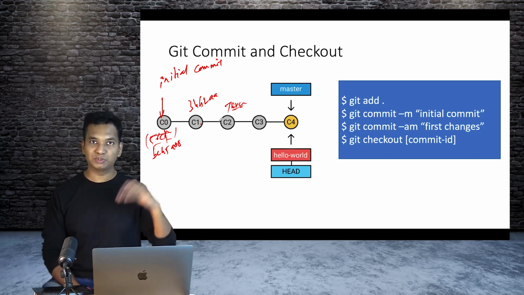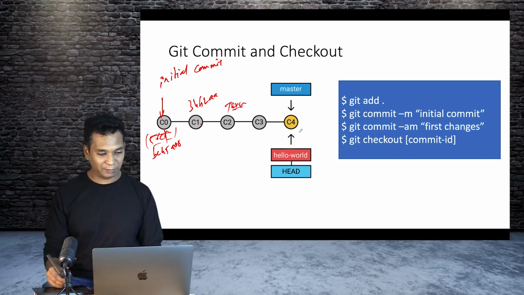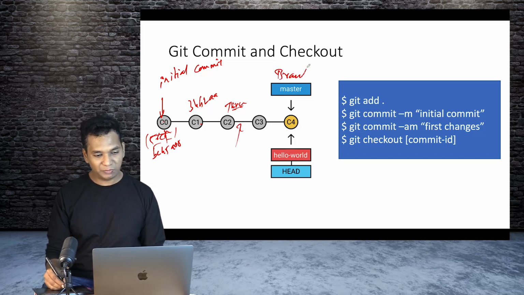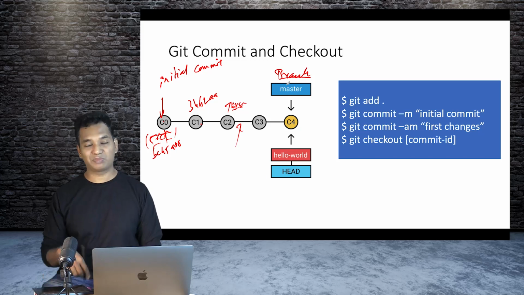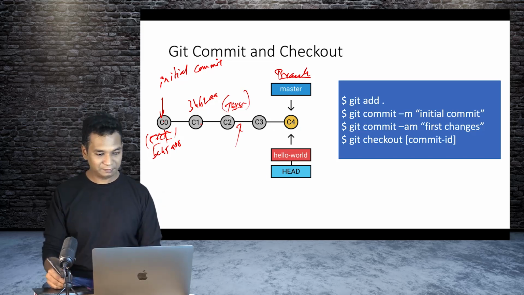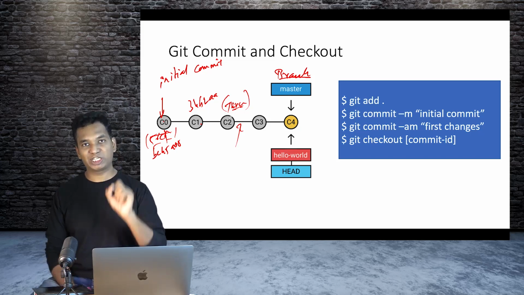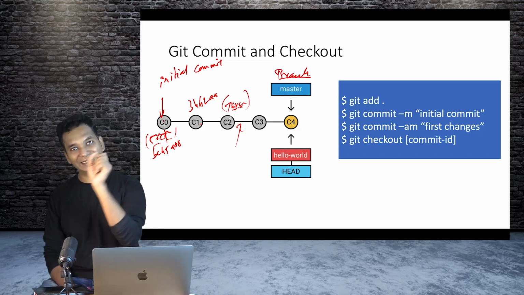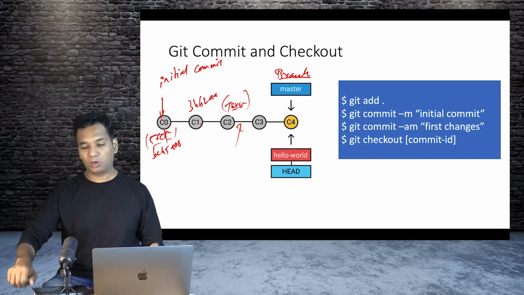If I want to come back to the original one, in fact, the main thread, we actually call it a branch. Currently, the default branch is called master, right? I can simply say checkout and give this number, but if I simply say checkout master, it will come to the latest version automatically.